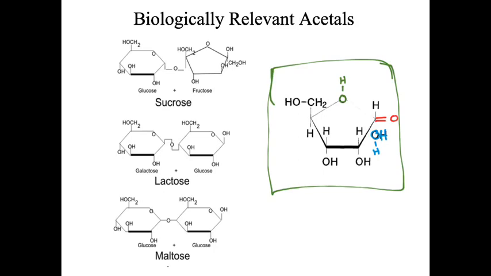To revert back to the acetal formation, this oxygen has to attack that carbonyl. As it attacks the carbonyl, remember that carbonyl is sp2 hybridized. If that oxygen comes in from the top of the molecule, where does that red oxygen go? Down and away.